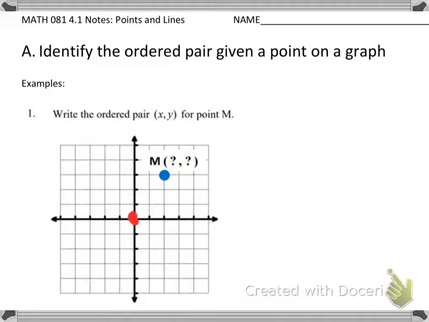We are going to move 2 units to the right. And then we need to move 3 units up. Both of those are positive from the origin. So remember, your horizontal direction is your x value. Your vertical direction is your y value. So the ordered pair associated with the point M is (2, 3).